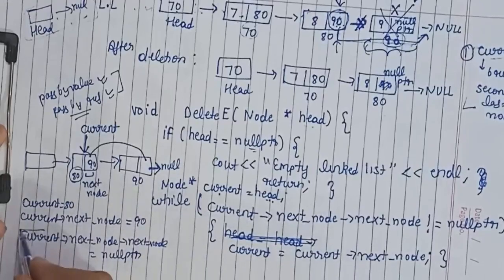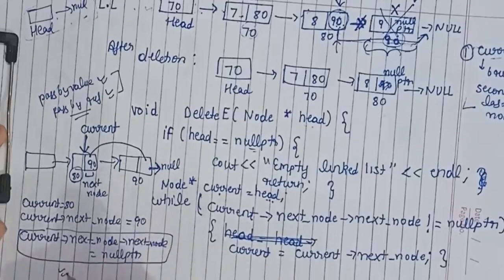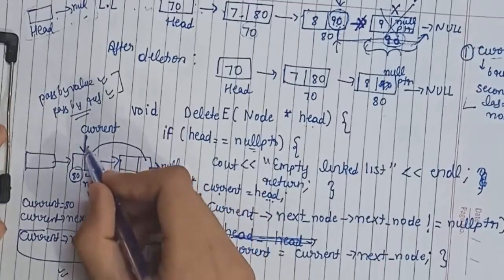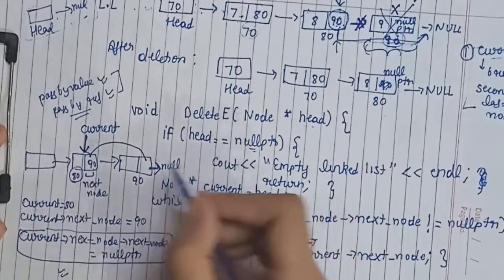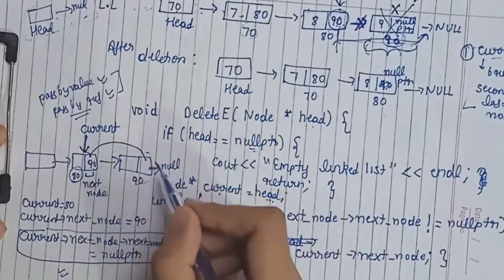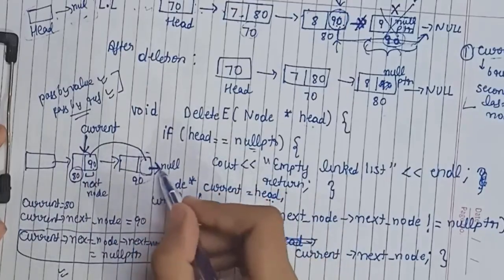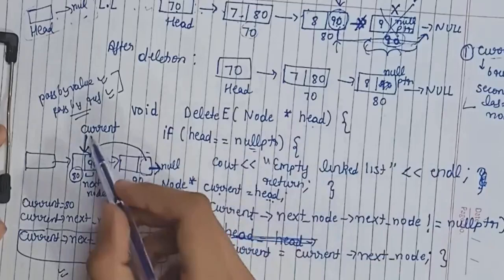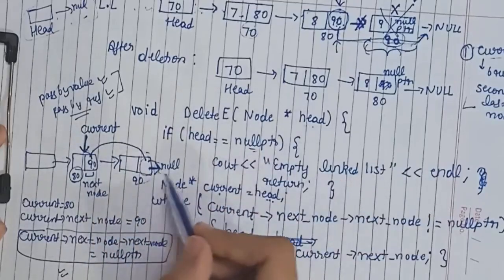So this condition will always be true when the current pointer is pointing to the second last node, because we know that the last node of the linked list always stores the address of null pointer, always points towards the null pointer. So current's next node's next node will be equal to null pointer.